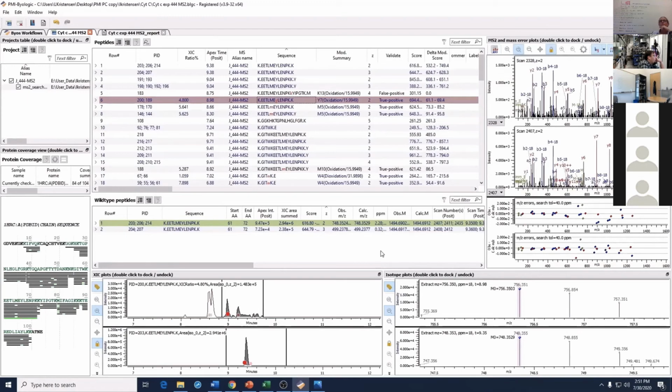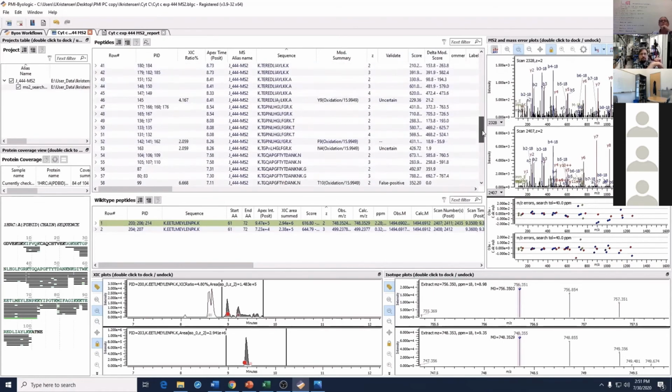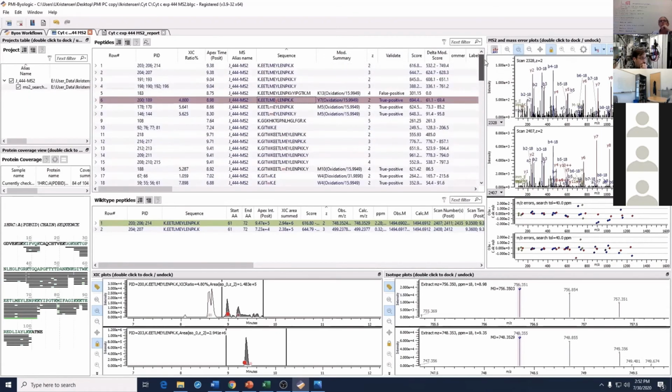In terms of validation, what I like to do first is to take a look at the scores and the delta mod scores across the entire data set. I like to just kind of go through and get a feel for how good the data quality is as reflected in the scores.